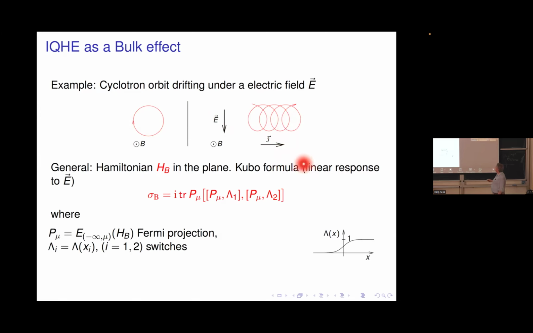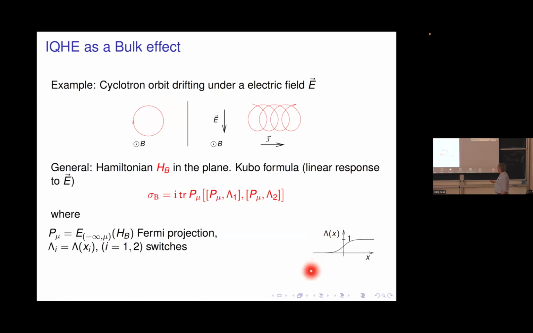And here is a formula we can come up with. The ingredients haven't been explained yet, and we will do it. So it's again a double commutator. And what do we see here? P mu is the Fermi projection as before, no change. But then there are these lambda 1 and lambda 2. These are switch functions, but first let's look at what the switch function is without any subscript.